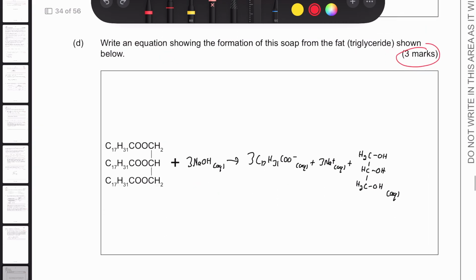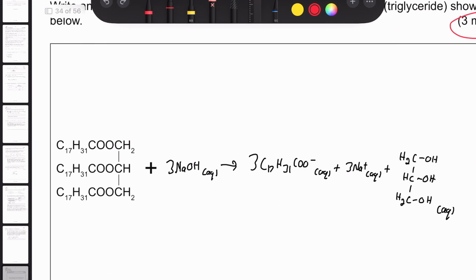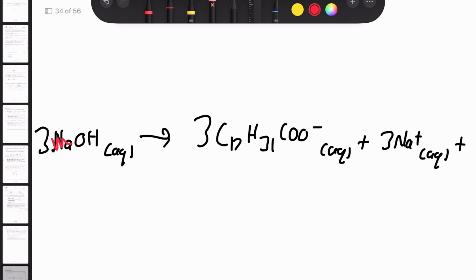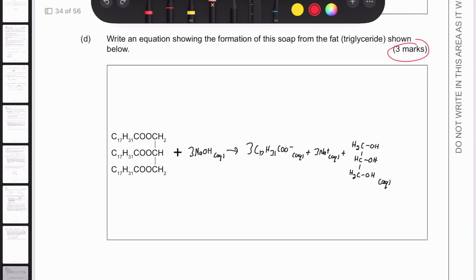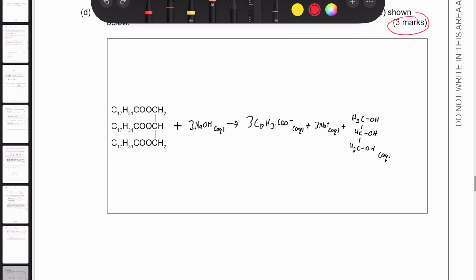And then for this one, it was good. I think you could have done the ionic again, so you didn't need the Na ion. But this one explicitly says no mark penalty for using molecular versions of KOH or NaOH. So yeah.